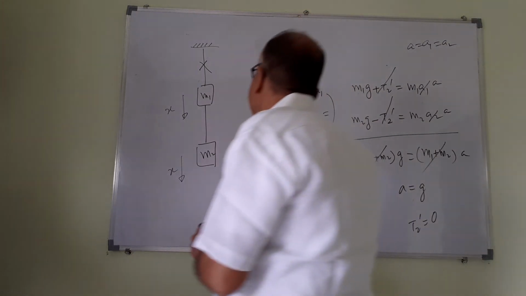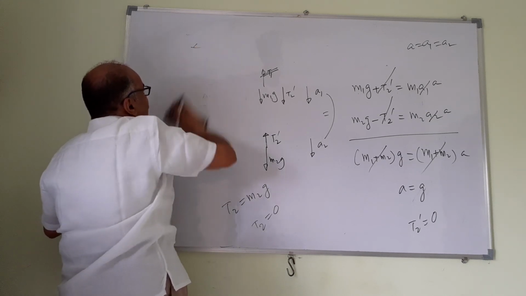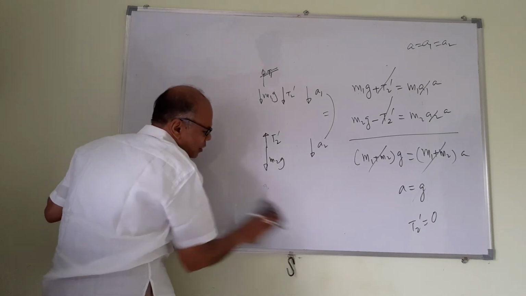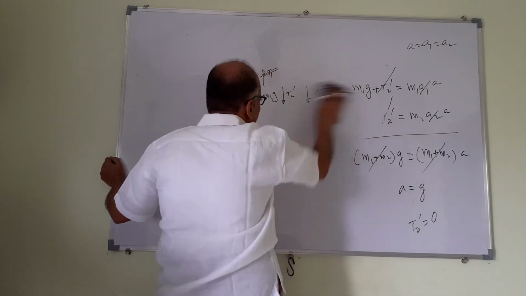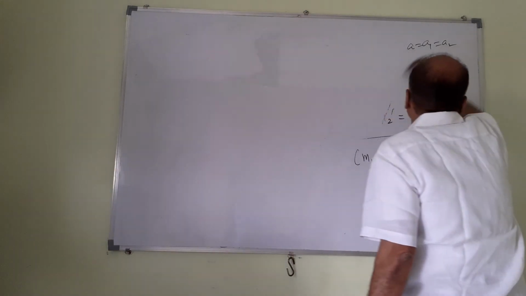Let's take another interesting question. Let us say we now have two springs and a string going around the pulley.